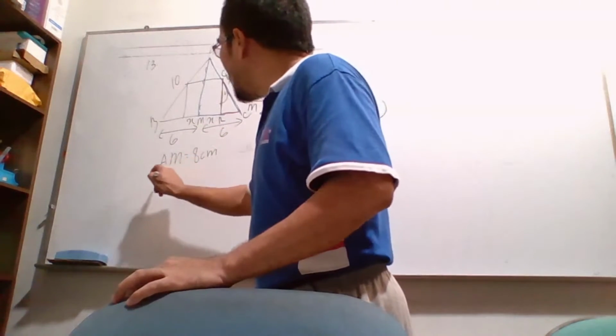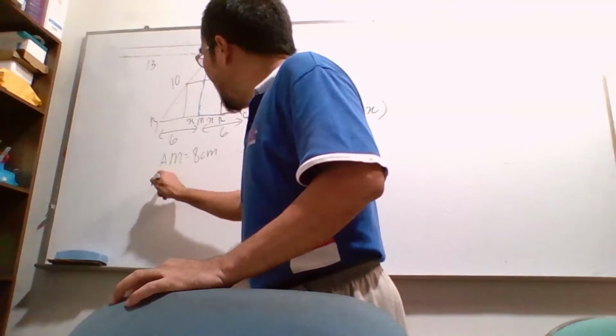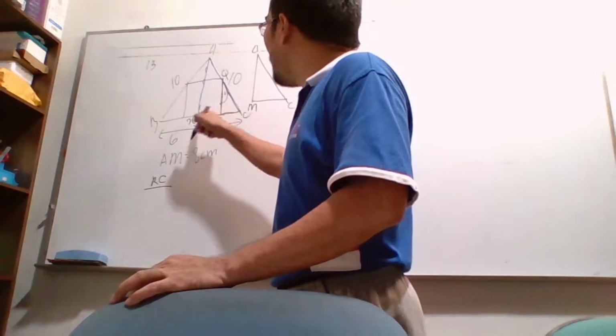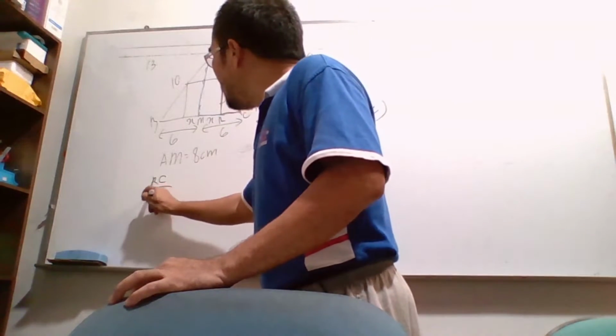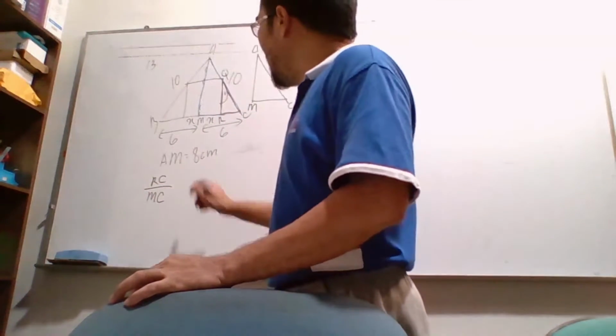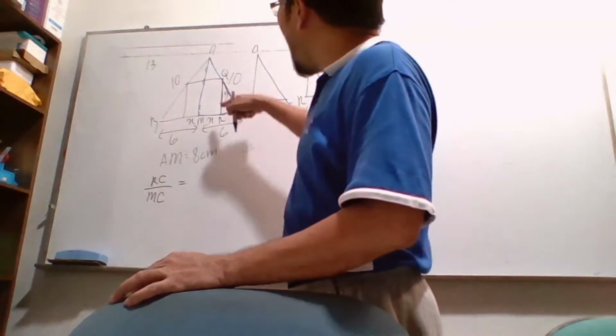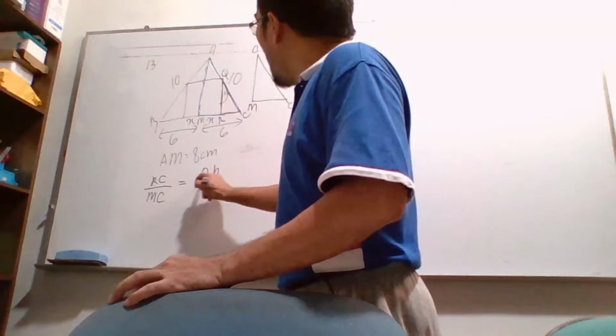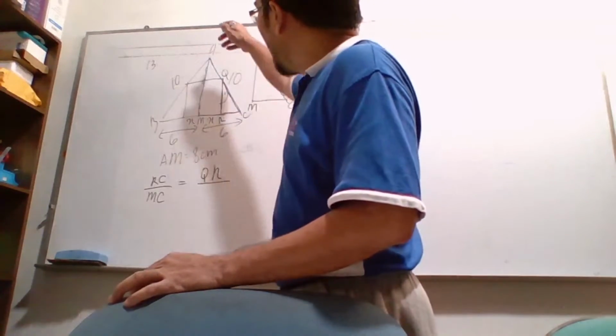Also, I will write down RC, the base of the small triangle, over the base of the bigger triangle, MC, equals QR over AN.